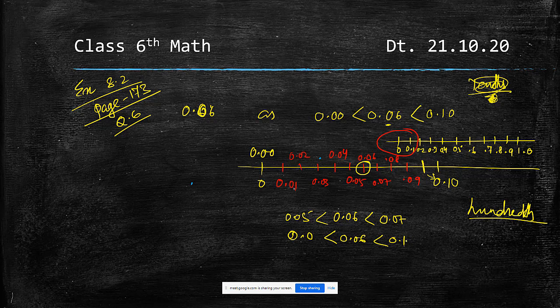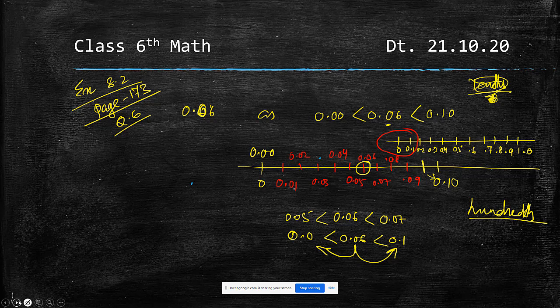So how to calculate? We take this tenths place number, find its previous number and find its next number. As it is 0, its previous number is 0 only and the next number is 1.